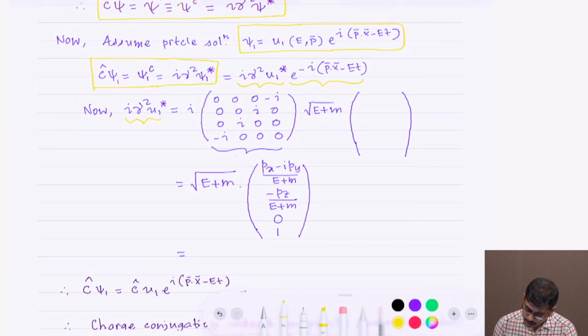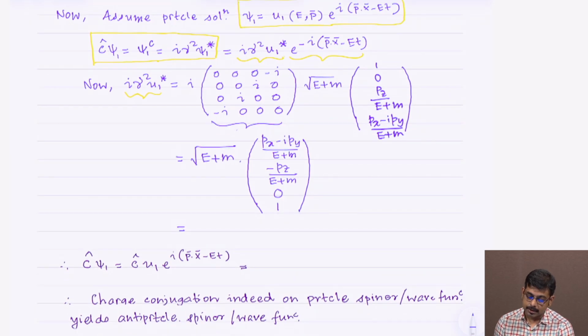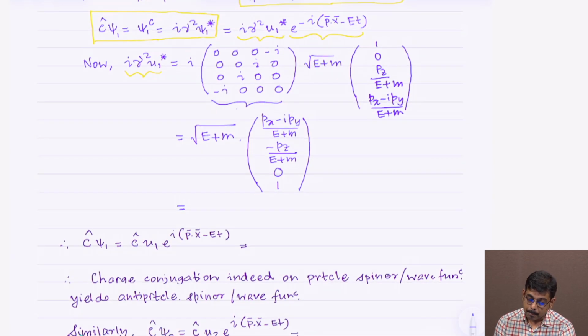This is going to be (1, 0, pz/(E+m), (px−ipy)/(E+m)), because px plus i py becomes px minus i py when I take the complex conjugate, right. Now if you do the matrix multiplication, it simply becomes (px−ipy)/(E+m), −pz/(E+m), 0 and 1.